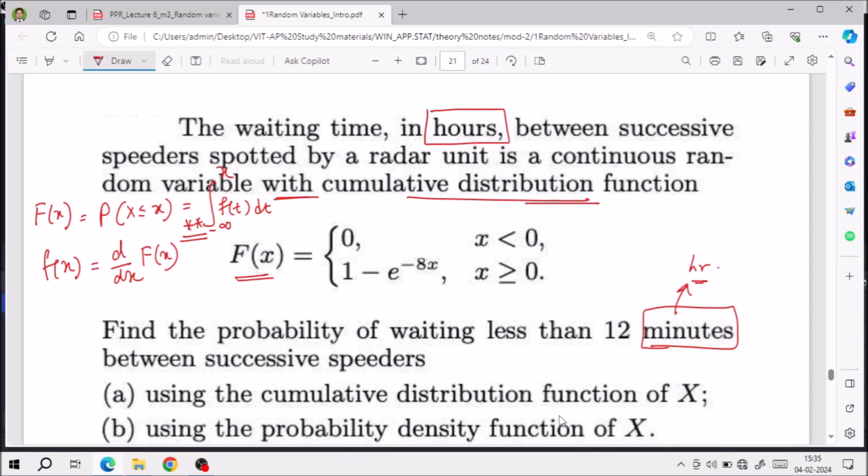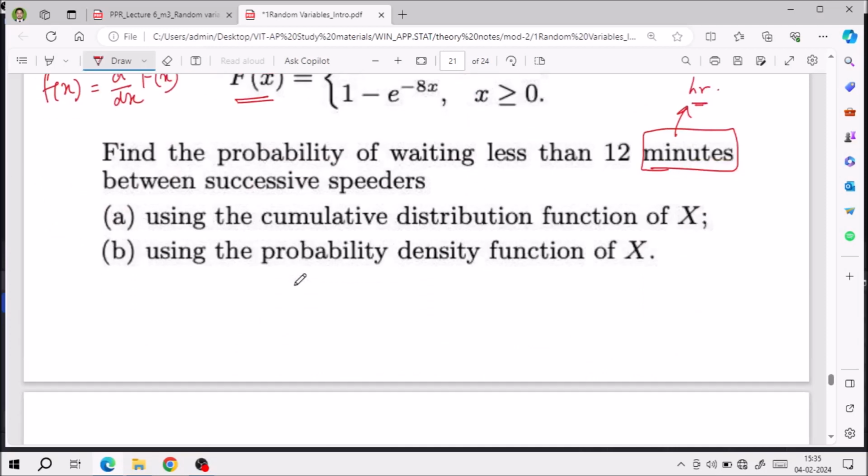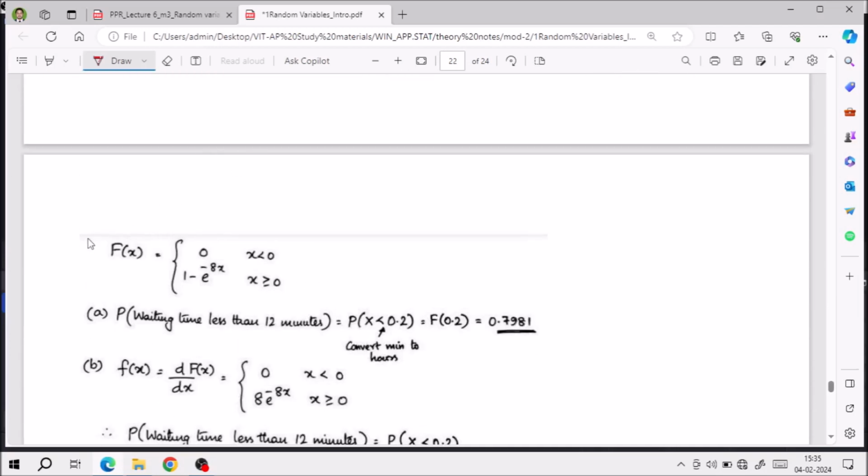So first, convert 12 minutes into hours. 60 minutes means 1 hour, so 12 minutes will be 12 by 60. So what will be the value?